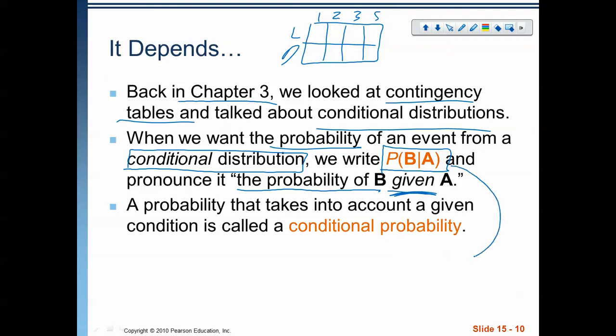The other way that we can maybe write this, instead of P of B given A, is to say: if we know A, what is the probability of B?